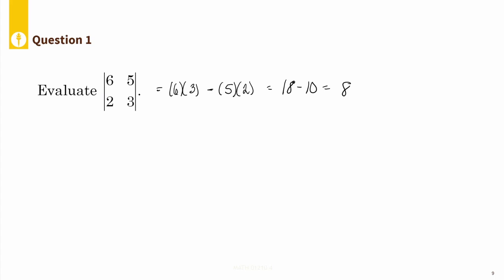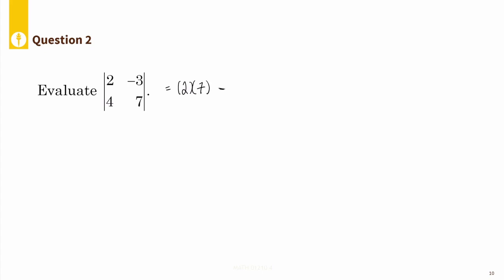Oh, that was easy. Okay, what? 2 times 7 minus negative 3 times 4. Oops, not 12. So 14 minus negative 12. 26.